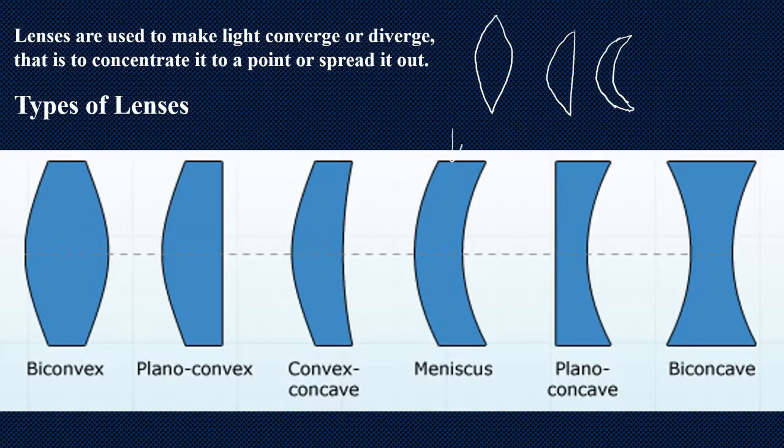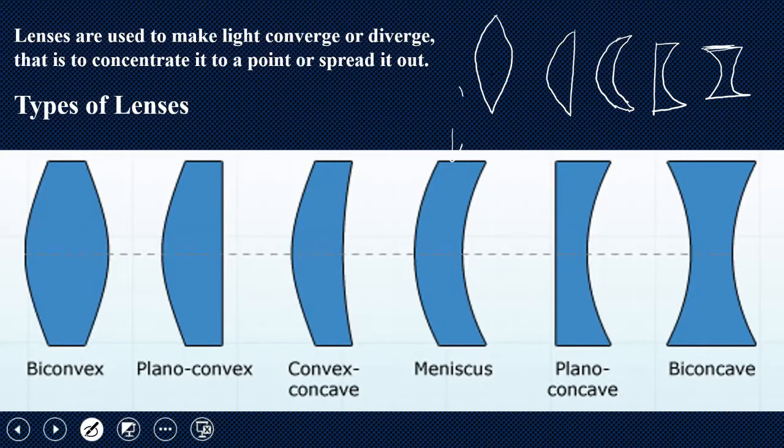In the same way, we have plano-concave, wherein one surface is plane and the next surface is concave. Then we have a biconcave, wherein both the spherical surfaces are concave, right? So in this chapter, we are going to study the biconvex and the biconcave lens, right?